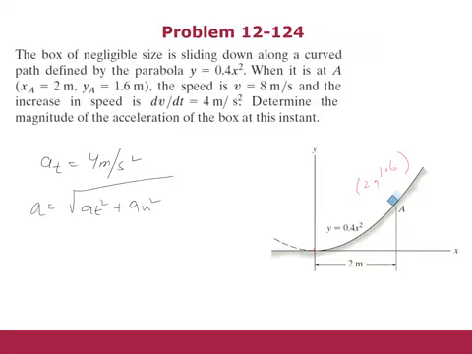So at is provided to you, you have to calculate this an. How will you calculate this an? an is equal to v square by rho. Over here v is also provided to you. You have to calculate this radius of curvature at point A.